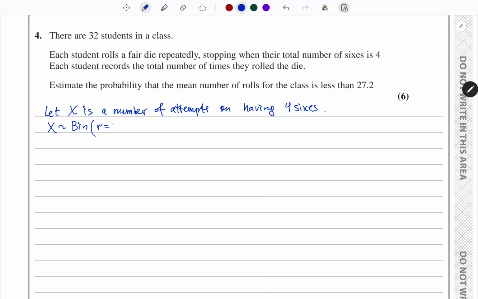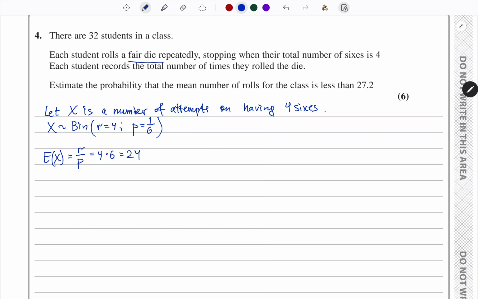R is the number of successes we are waiting for, so R equals 4, and p, the probability of success in each attempt, is of course 1/6, because it's a fair die. I know the expected value of X: it's the easy formula R over p, so 4 times 6, it's 24. So it's the expected number of attempts.